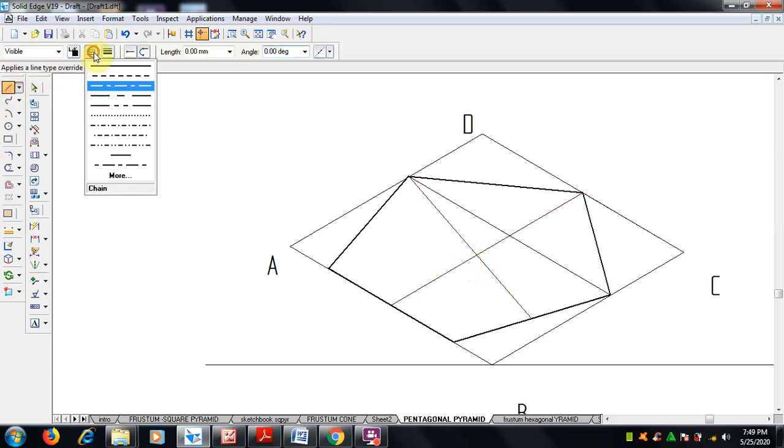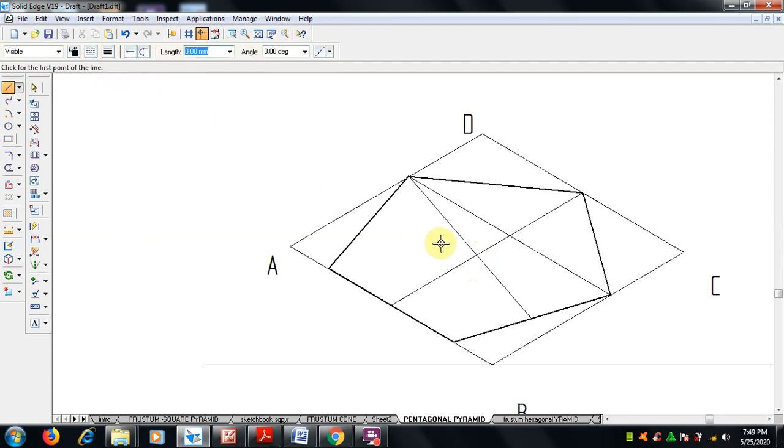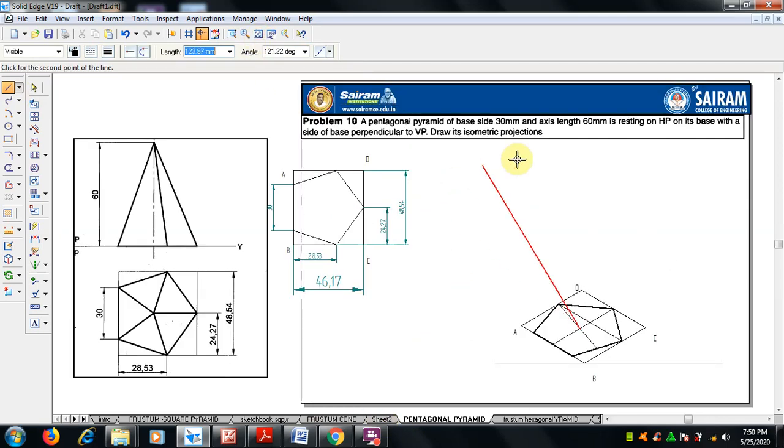Select center point, center axis line. So we will get here is the center. The height, what is the height the question has given? It's a 60 mm height. So vertically you have to go for 60 mm, enter 90 degree vertical line.